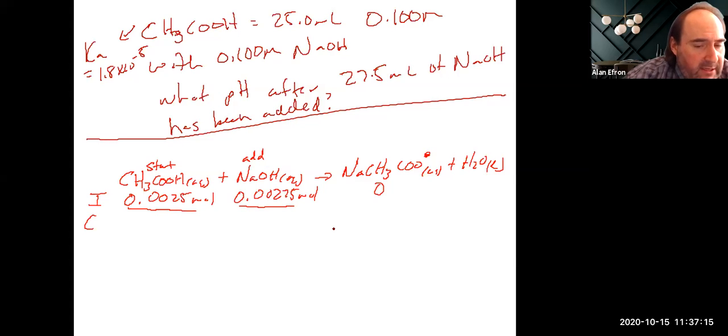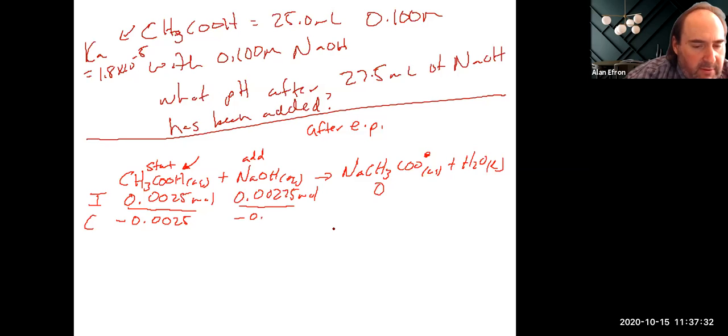That tells you that you are after the equivalence point, and that the acetic acid becomes the limiting reagent, so we use that as our change.